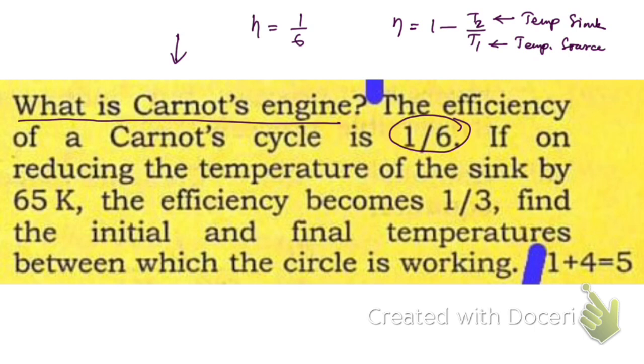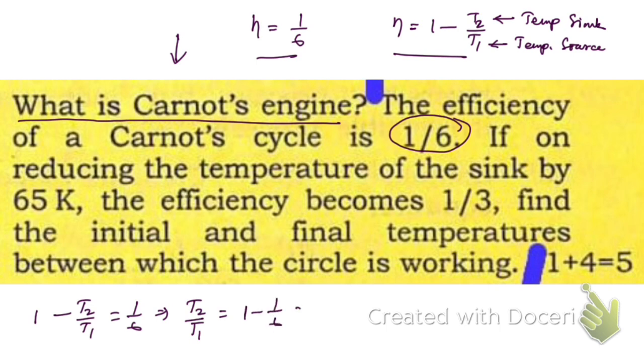now you see from these two relations we can write that 1 minus T2 by T1 is equal to 1 by 6, right? This is one condition, and if you simplify this, that's going to be T2 by T1 is equal to 1 minus 1 by 6, and that is nothing but 5 by 6, right?